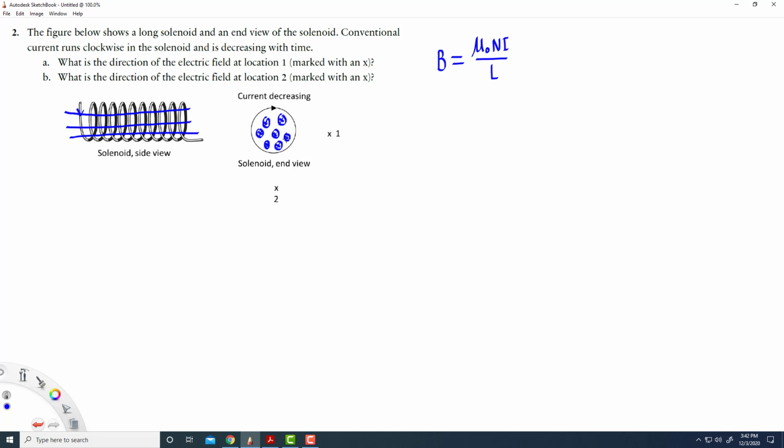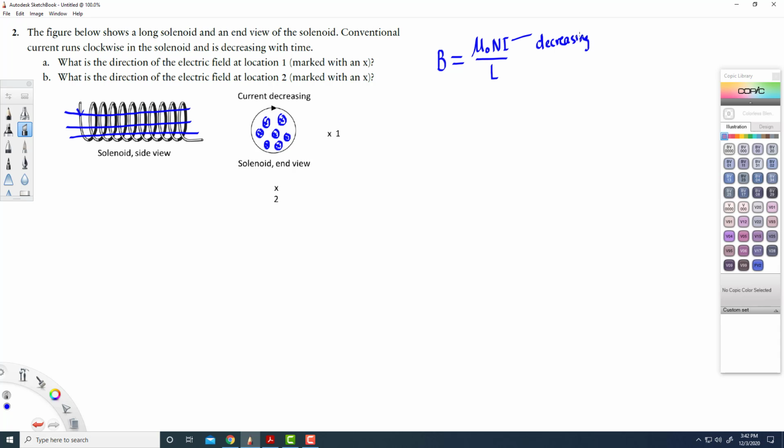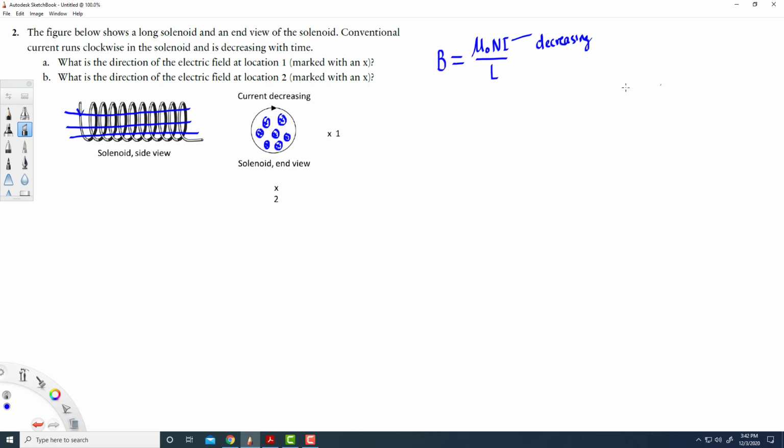Now it says that this current is decreasing, so this is decreasing. That means our magnetic field is also decreasing, or we can say that this magnetic field is changing.